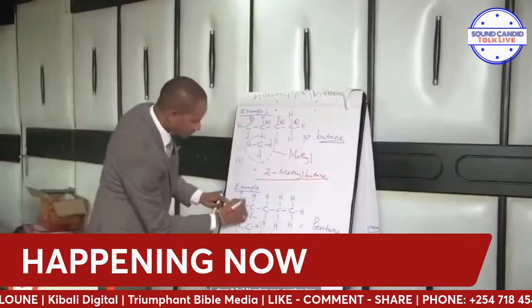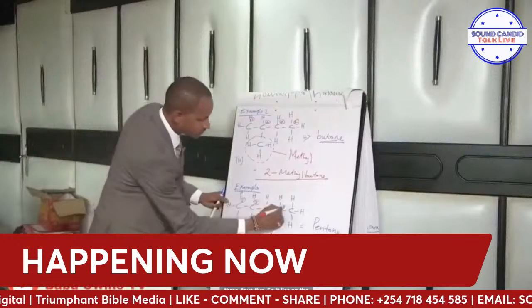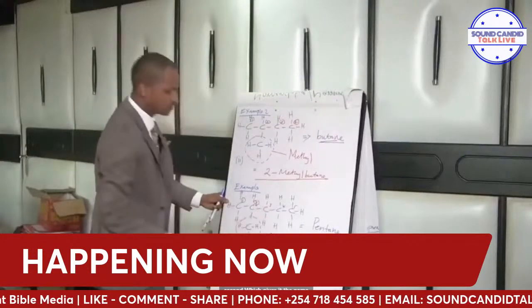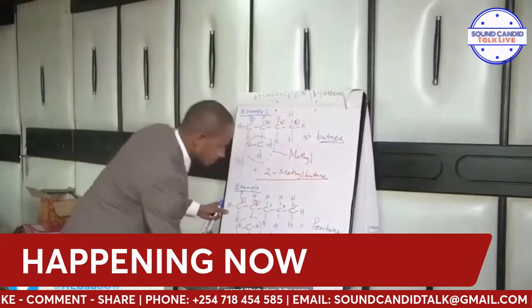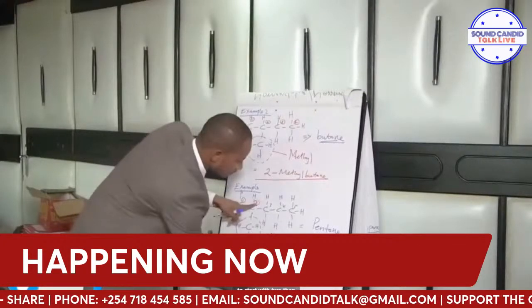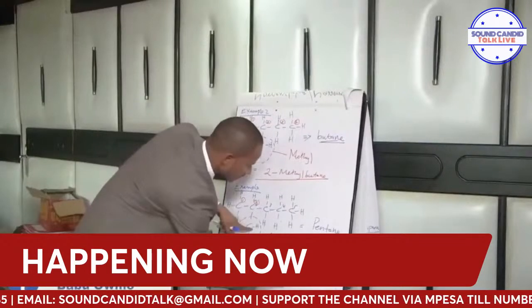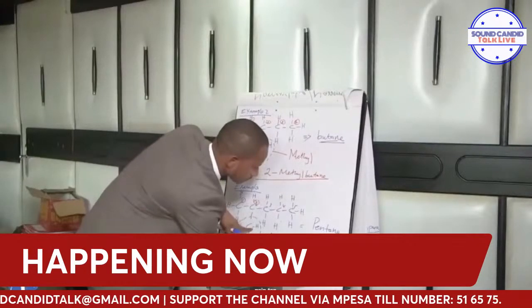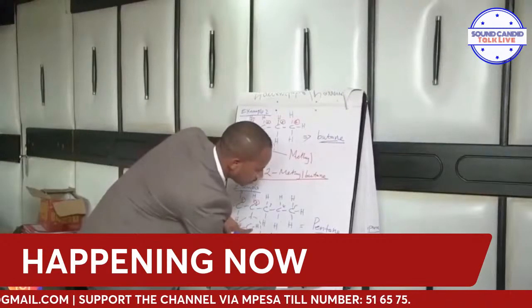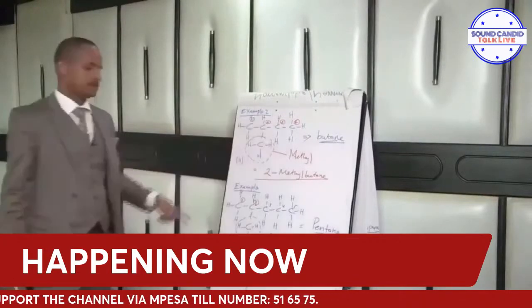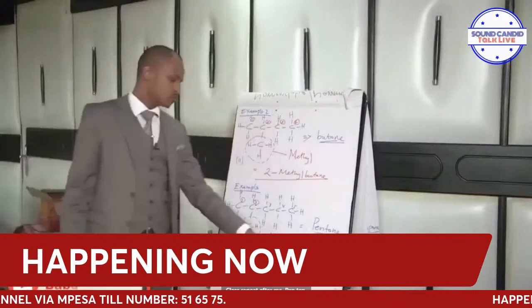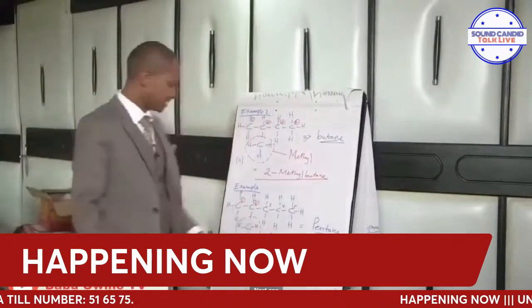Number 1, 2, 3, 4, 5. So it lies on the second, which gives it the name, start with 2, then methyl pentane. Class, repeat after me. 2-methyl pentane.